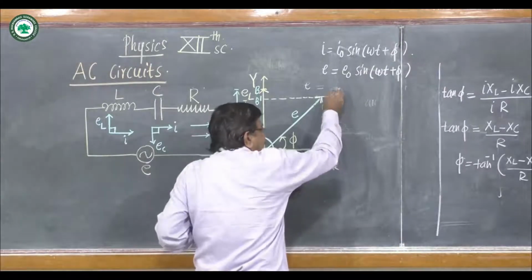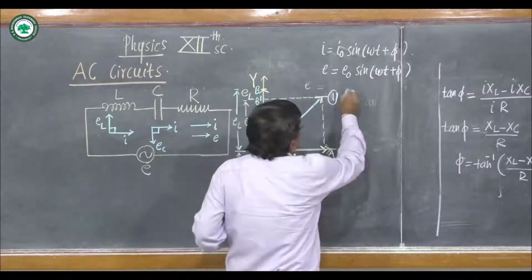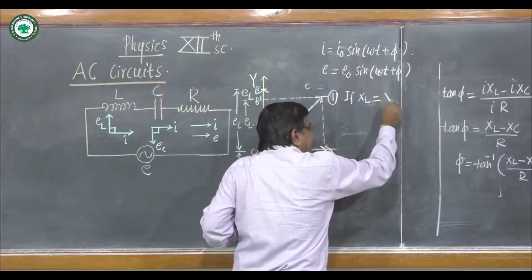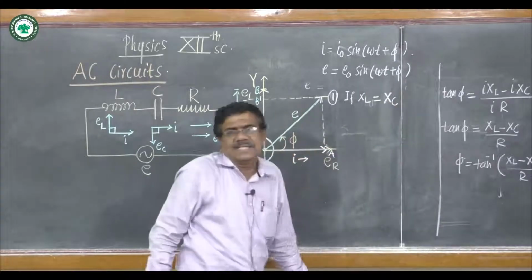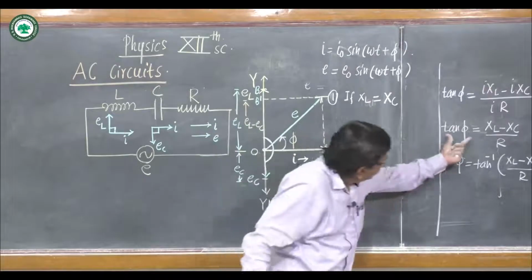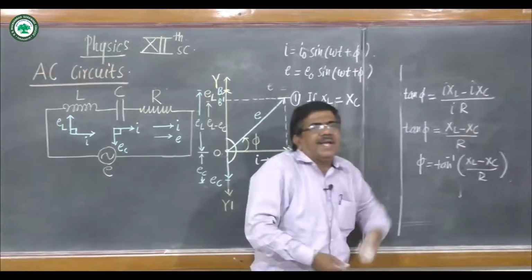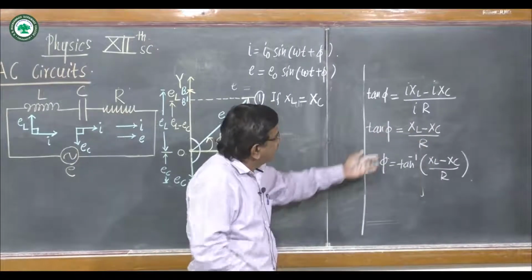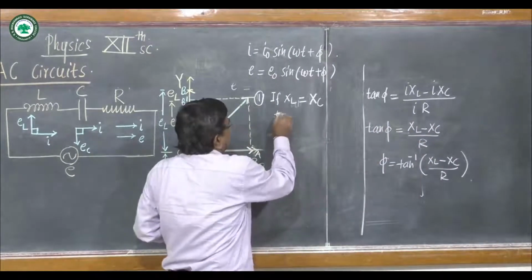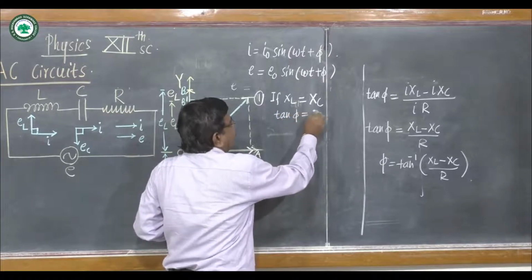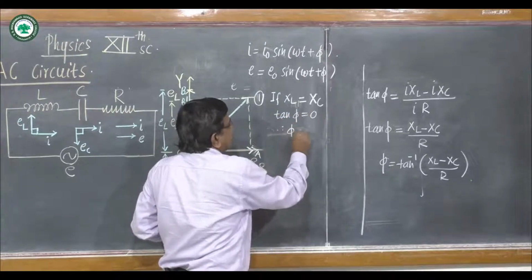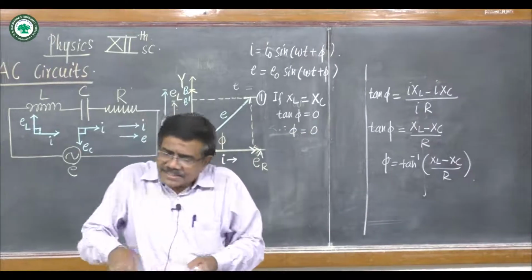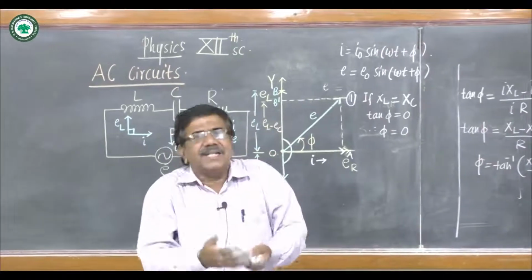Case first, if XL is equal to XC, that is, inductive reactance is equal to capacitive reactance. See here, if XL equals XC, this part will be 0, as they are equal, so tan phi will be 0. Hence phi is 0. It means there is no phase difference between voltage and current.